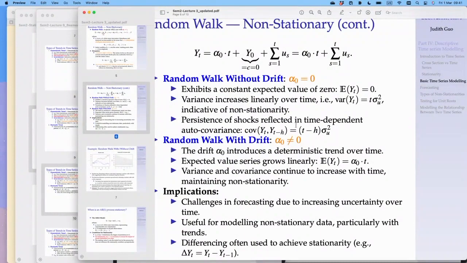And the covariance between yt and yt minus h also depends on the time index t. So the random walk without drift has a time-dependent autocovariance and time-dependent variance, although the mean is zero. Okay, if you're unfamiliar with this, go back and check the lecture 3 slides and also chapter 10 in the lecture notes.